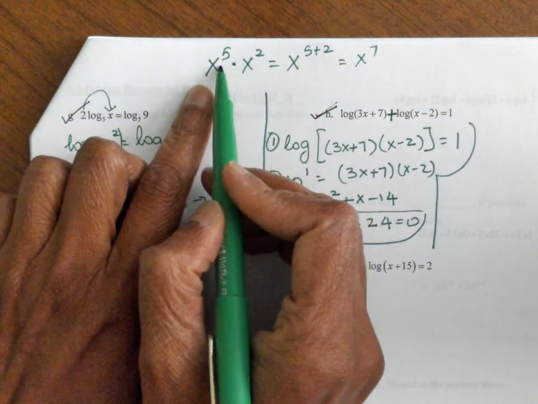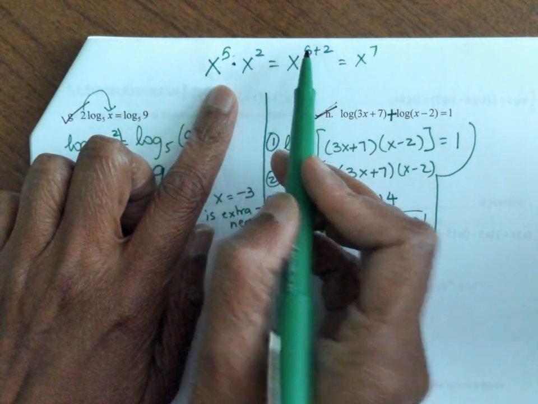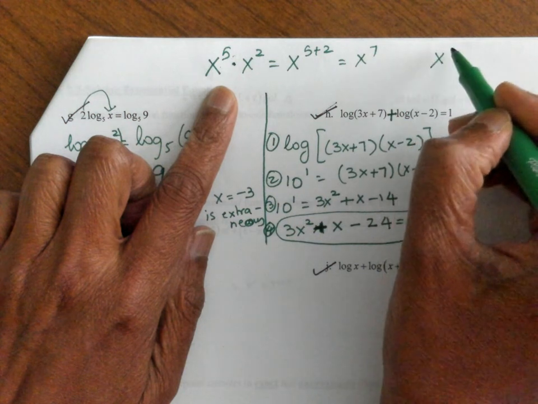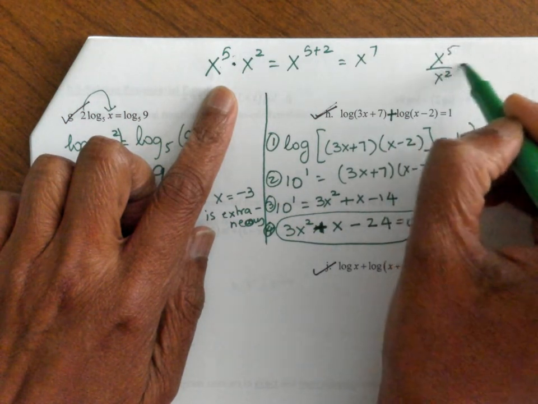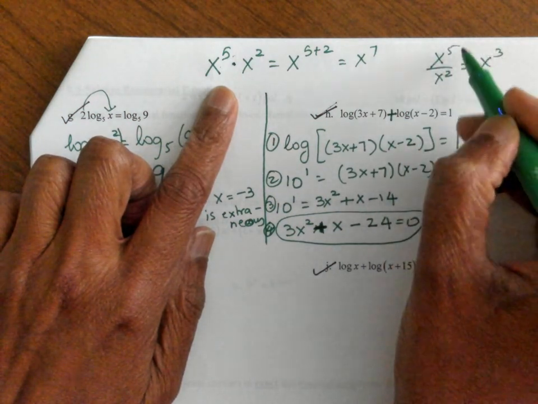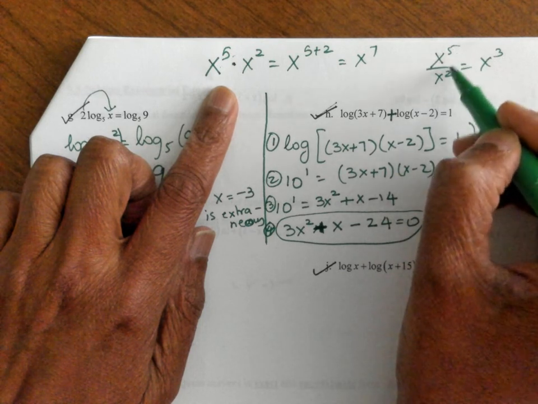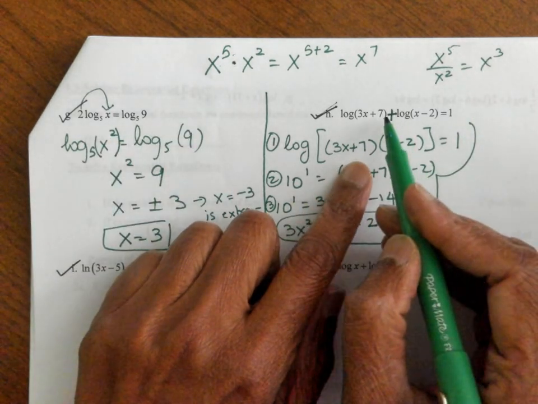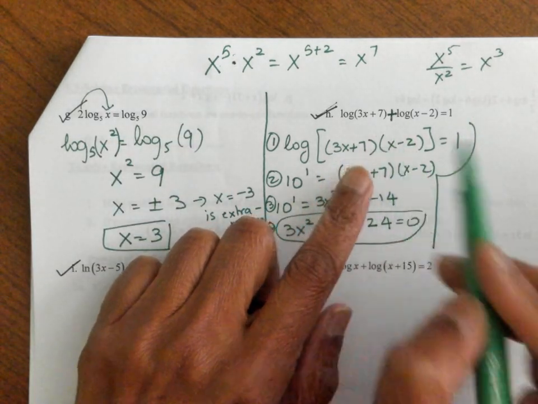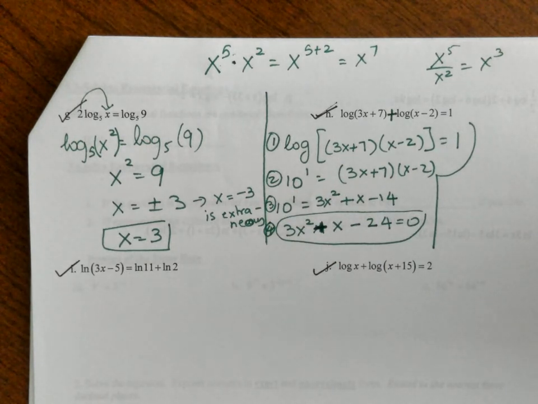So multiplication converts to addition. If you have division, x to the 5th over x squared, you get x cubed. So division converts to subtraction. It's the same concept: when you have addition of logs, it converts to multiplication.